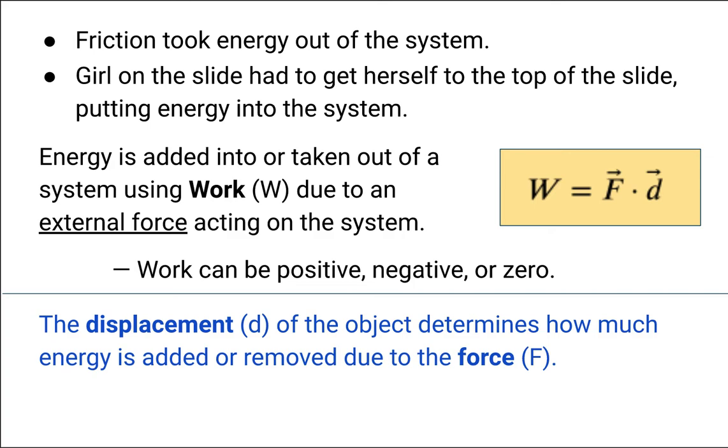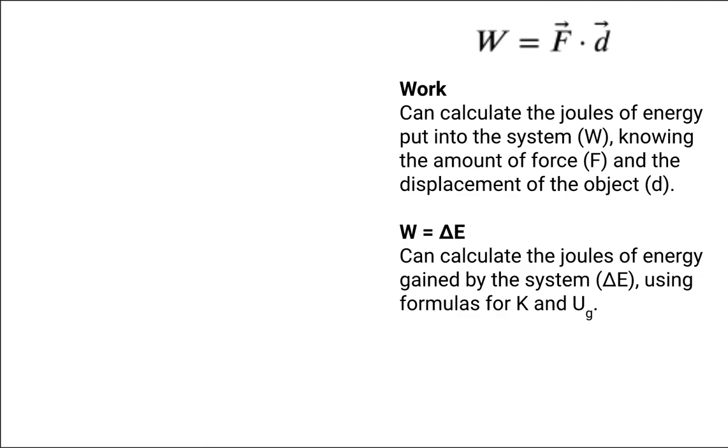And it depends on how far the object travels, its displacement, which we'll call D here, and how much force is acting on the object from the outside, F. Because it's an amount of energy, it is measured in joules. So, knowing the amount of force, the amount of displacement, we can determine this amount of energy that's going into or out of the system.